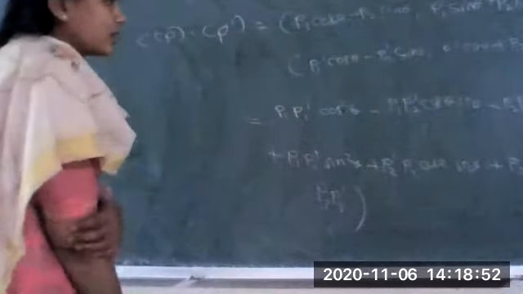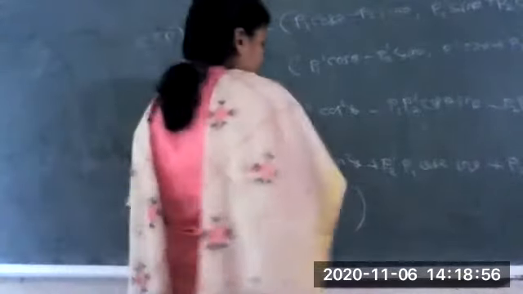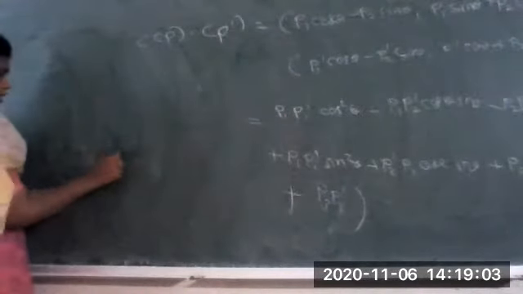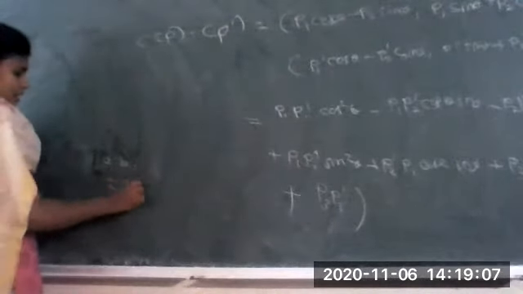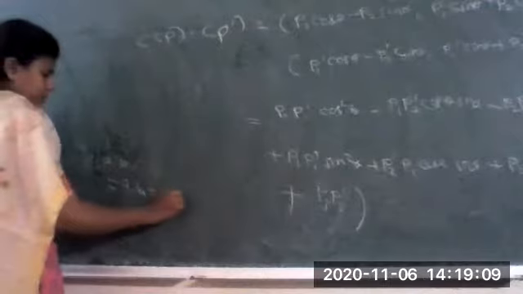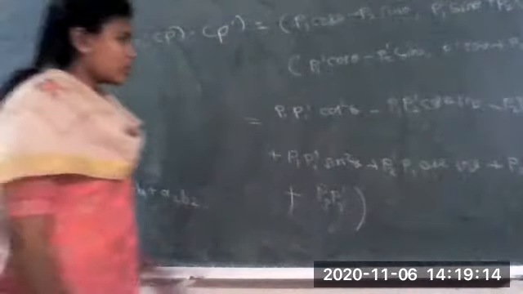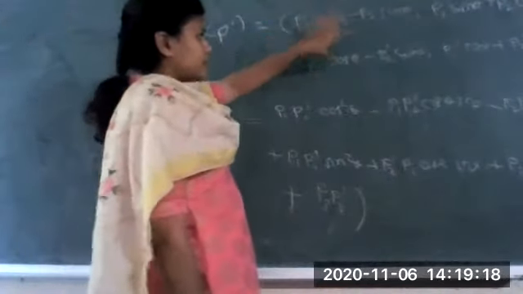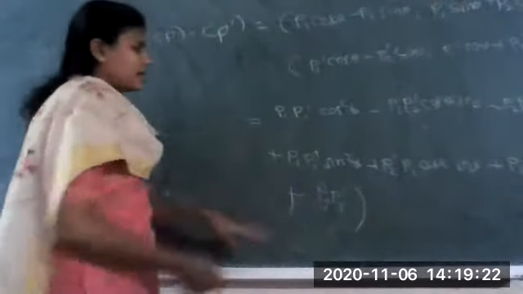Now we have to cancel terms. As we are evaluating the dot product, what is a dot product? A dot B is nothing but A1 B1 plus A2 B2. In a similar way, we perform the dot product by coordinate-wise application: multiply the first with the first, second with second, third with third, and take the addition.